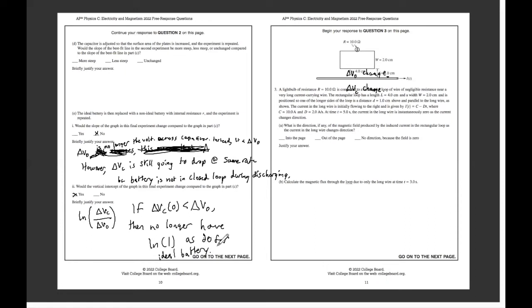Ln of 1, of course, is 0, but ln of something less than 1 is going to be a negative number. Therefore, the vertical intercept is going to change. And I'm feeling pretty confident about both of those.